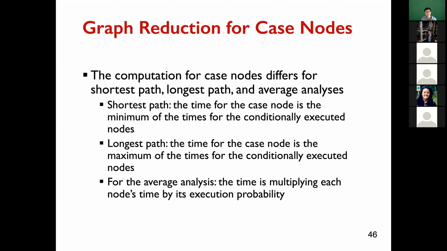The time for the case node is the minimum of the times for the conditionally executed nodes. We choose the path with the shortest time. The longest path is the path with the longest time. For the average path, the time is computed by multiplying each node's time by its execution probability.